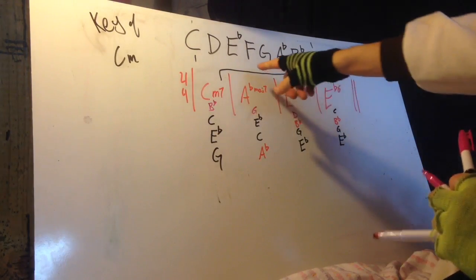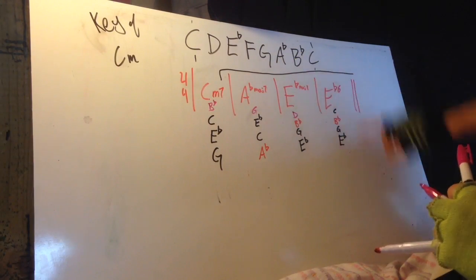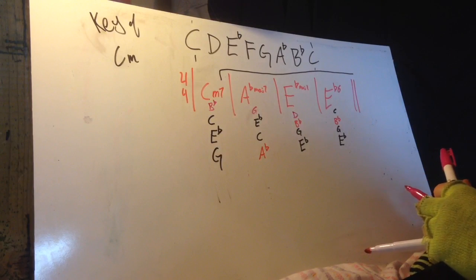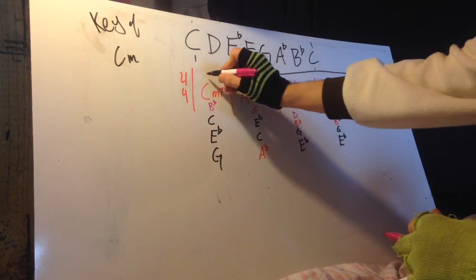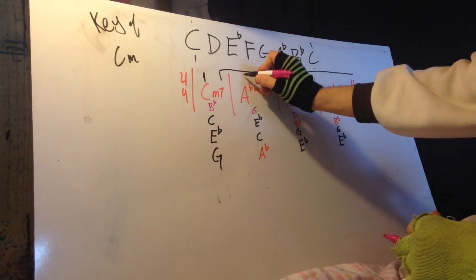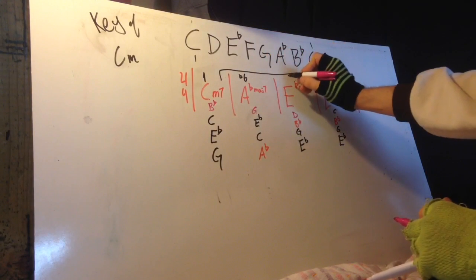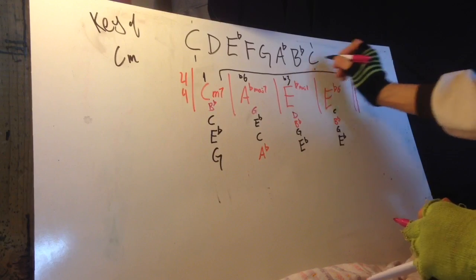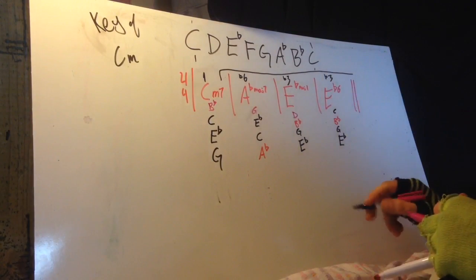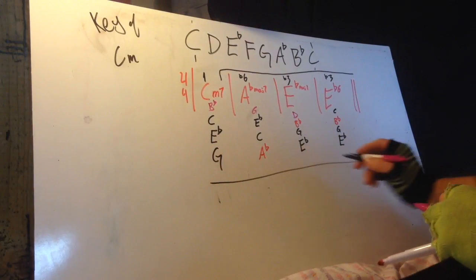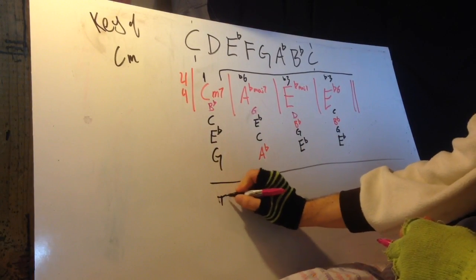And all this is just elaboration. And if you are a jazz hound, that is a 1, a flat 6, and a flat 3, and a flat 3. If you are a classical musician, that is a tonic.